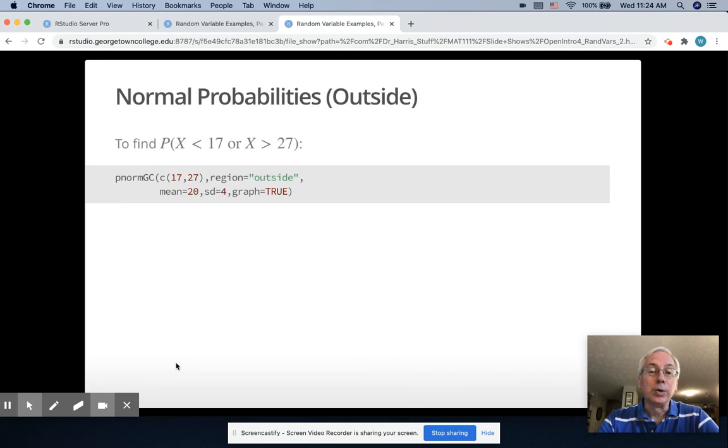But we can also do an outside probability, and this is going to be something that we're going to see a fair amount of in future chapters. So suppose we want to know the probability that we spent fewer than 17 or more than 27 hours on social media each week. Then we would give these two numbers, C, 17, 27, but by changing the region to outside rather than between, we're going to get the two regions that are on the ends, the two tails in our distribution.